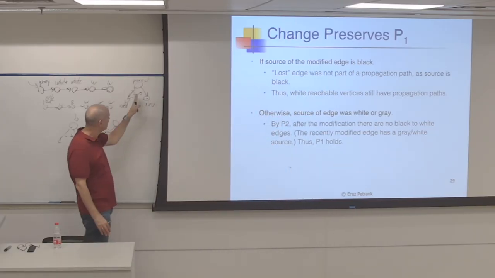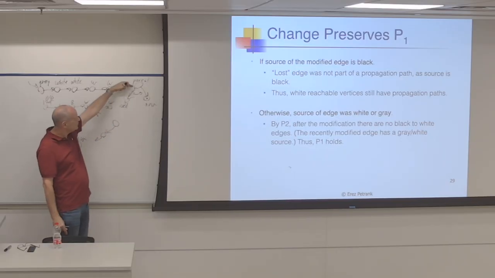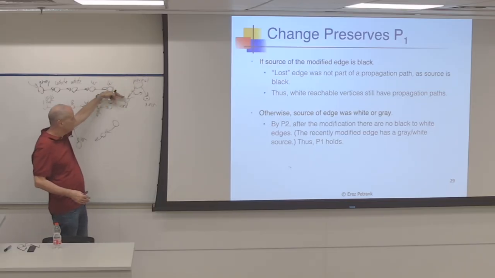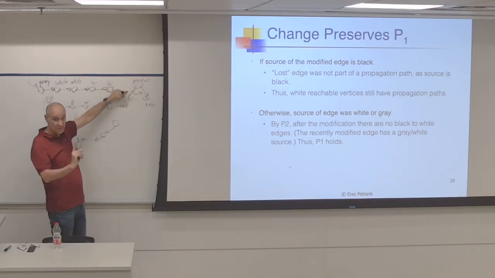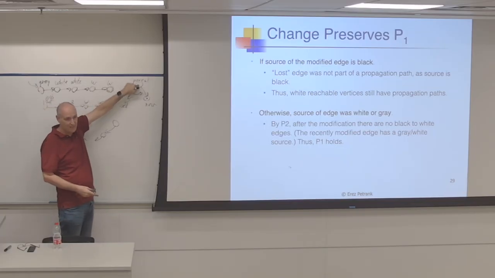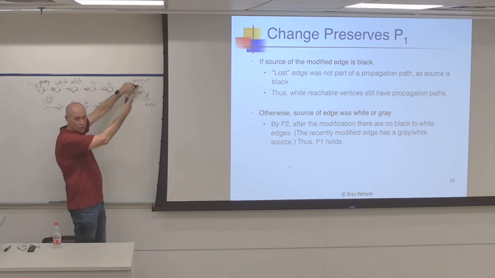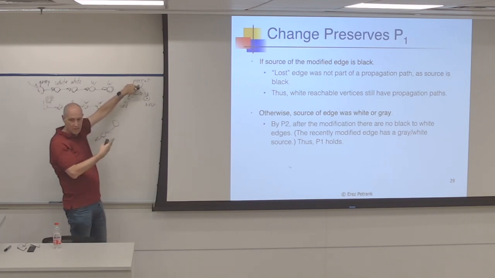So what happens when I change an edge? All the propagation paths are as they were before, except paths that went through the edge that was lost. One edge was lost in the graph because of this change, and maybe I lost some propagation path. But if this is a black node, then no propagation path goes through this edge, right?